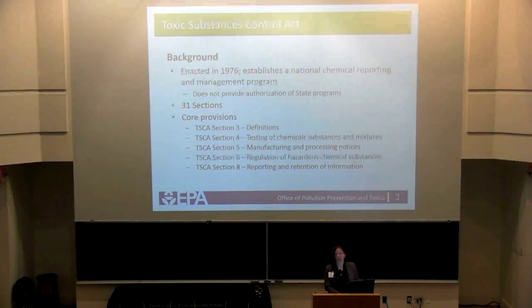Okay, first, I'm going to spend just a few minutes talking about the Toxic Substances Control Act, or TSCA. TSCA was enacted in 1976. It basically establishes a national chemical reporting and management program. Unlike other statutes at EPA and elsewhere that can delegate authorization to the states, TSCA does not allow that to happen, so it does not provide for state programs.